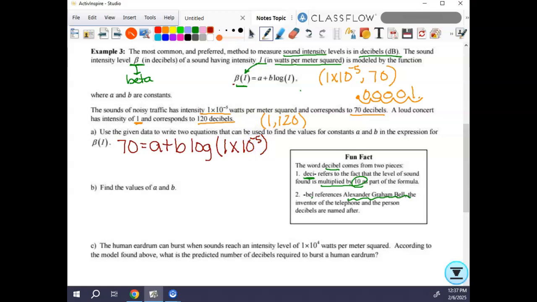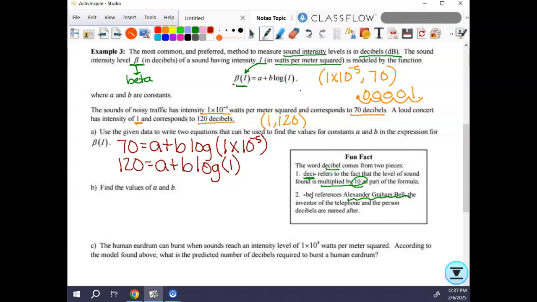Okay. I'm still just going to write the whole thing, even though I don't need the 1. There'll be times where we can drop it, but I'm just writing my equations. Not overthinking anything. My next one, output 120 is equal to A plus B times the log of 1. I've written my two equations. Now I need to find A and B.